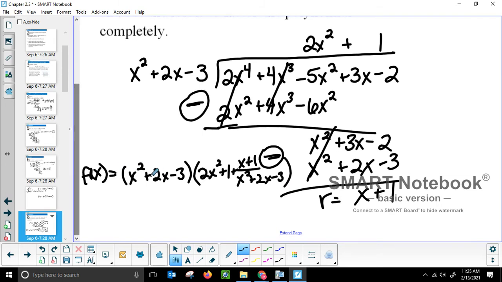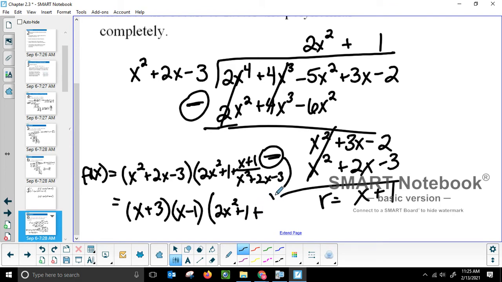When it wants us to factor completely, we can actually factor this, so this will just be x plus 3 and x minus 1. And then we have all of this stuff again: 2x squared plus 1, plus x plus 1 over x squared plus 2x minus 3. So this is my complete factorization.